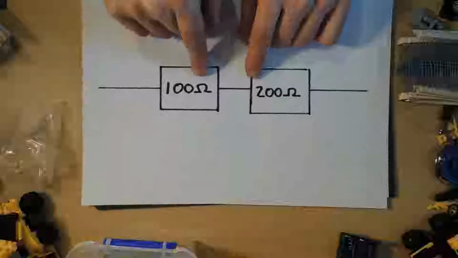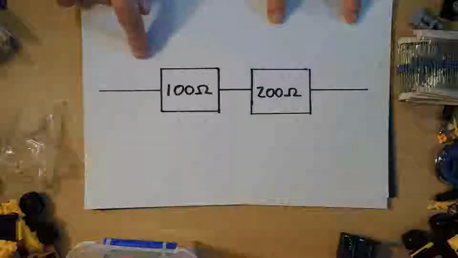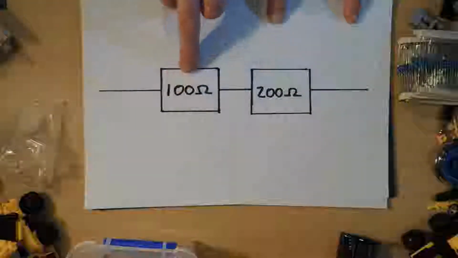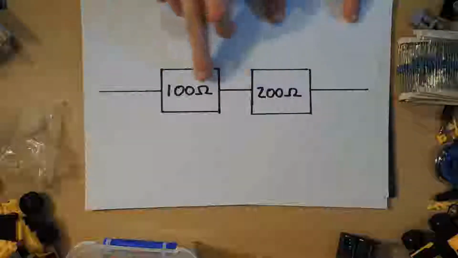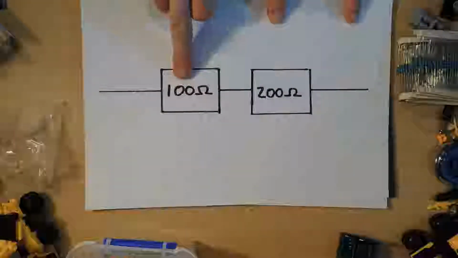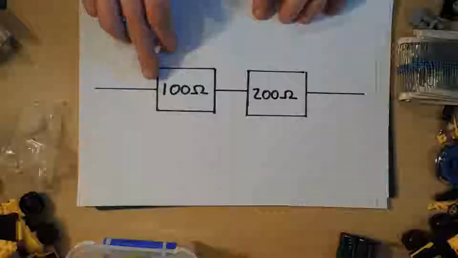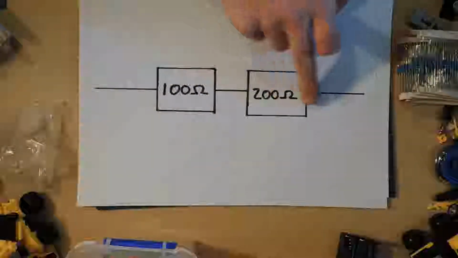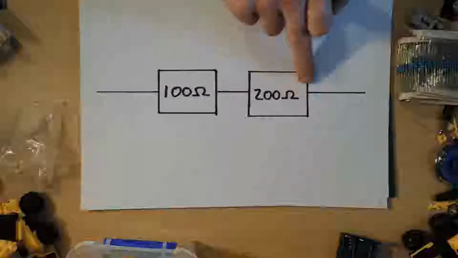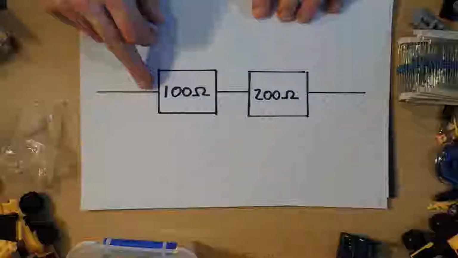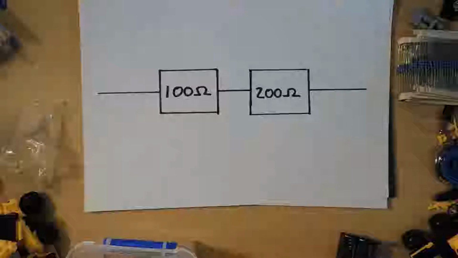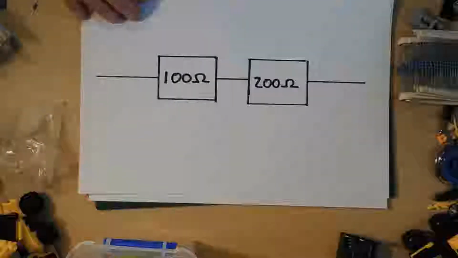So you'll remember that the total resistance across here is this resistance plus this resistance. So this is 100, this is 200, then the total resistance is 300, which makes sense. If you're going to have to struggle through this thing and you're going to have to struggle through this thing, then the total struggling you're going to have to do is the total of going through both of those. One way of thinking about it.